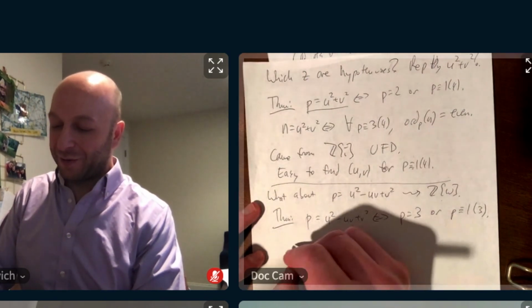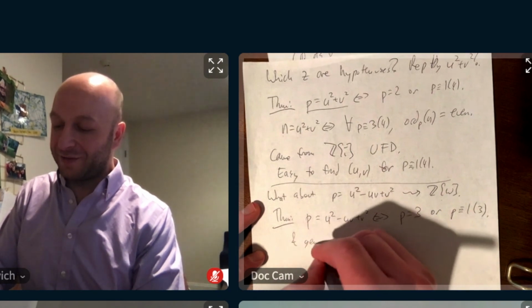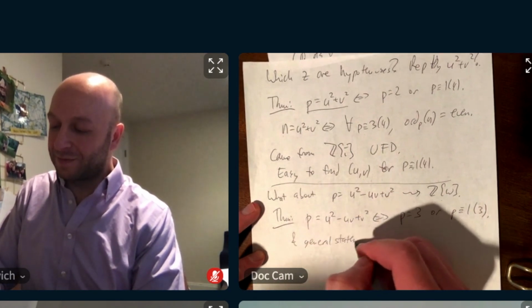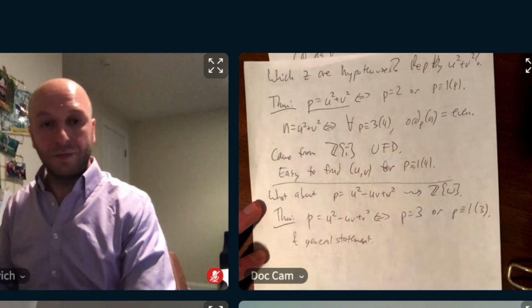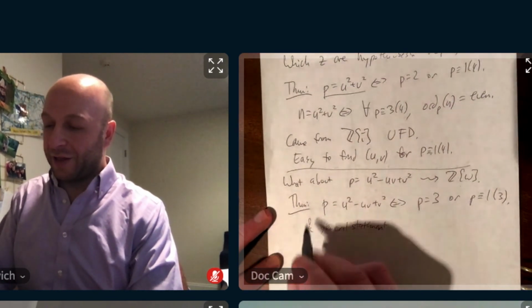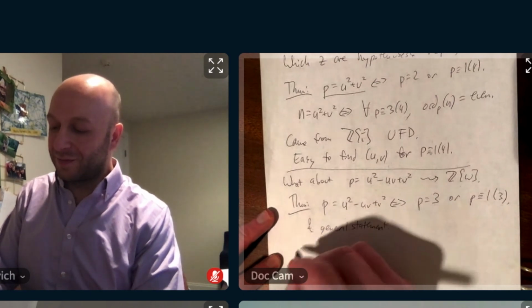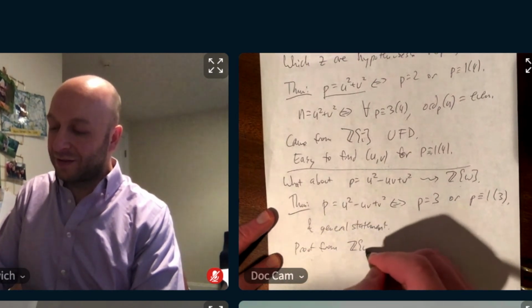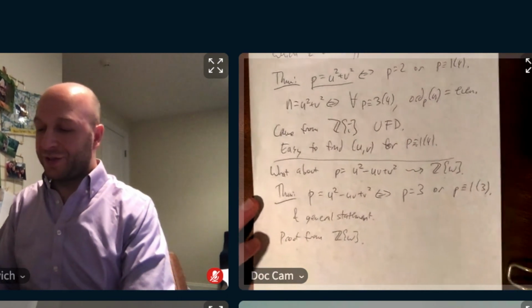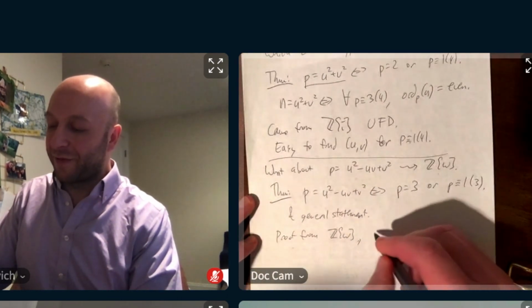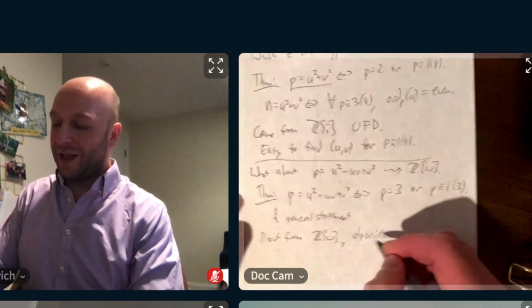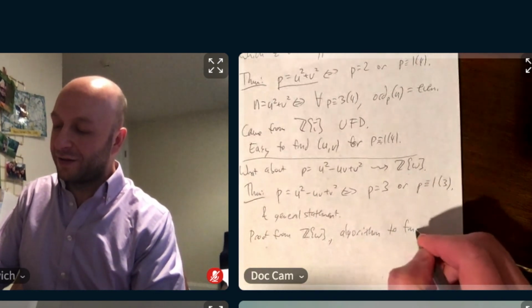And there was a generalization and general statement in the same way. And the proof was from the Eisenstein integers, and again, an algorithm for finding it. Do you remember, should we review the algorithm for a second? The algorithm to find u and v.